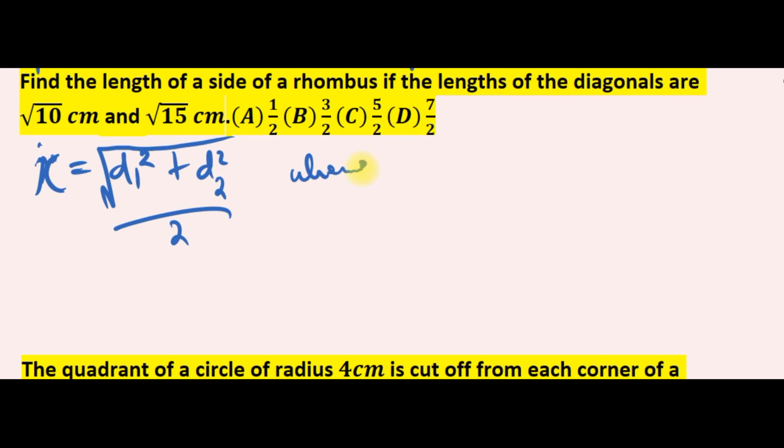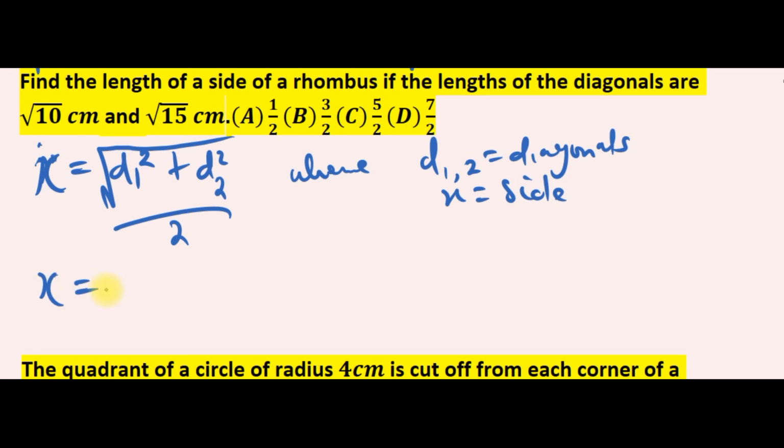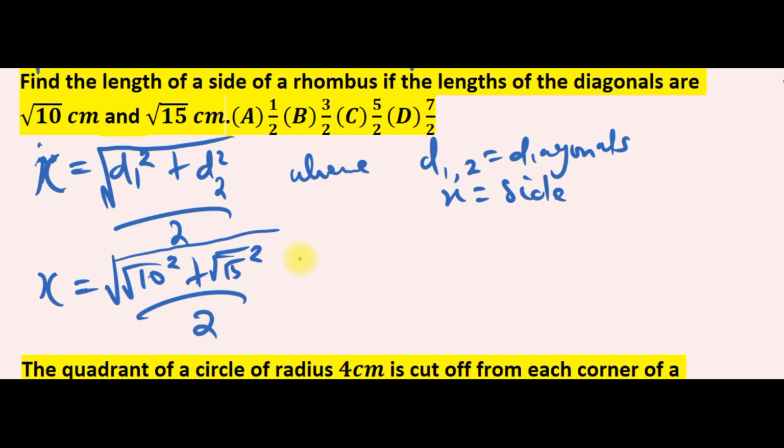where d1 and d2 are the diagonals and x is the side. So this is a very important formula, so we apply it. x is now, d1 is root 10, so anyone could be root 10 or root 15, so root 10 squared plus root 15 squared, all in square root over 2.